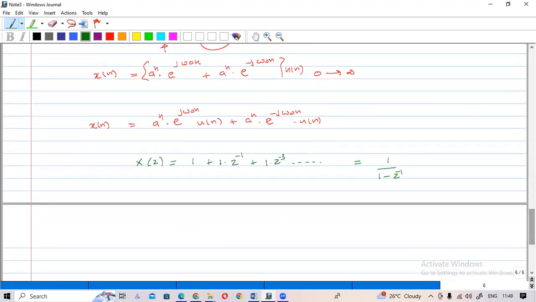If you consider this one in the same way, if I take only this one, let's say that it is x2[n]. Don't get confused, I just consider this signal separately, x2[n] as a^n e^(j omega naught n) u[n].